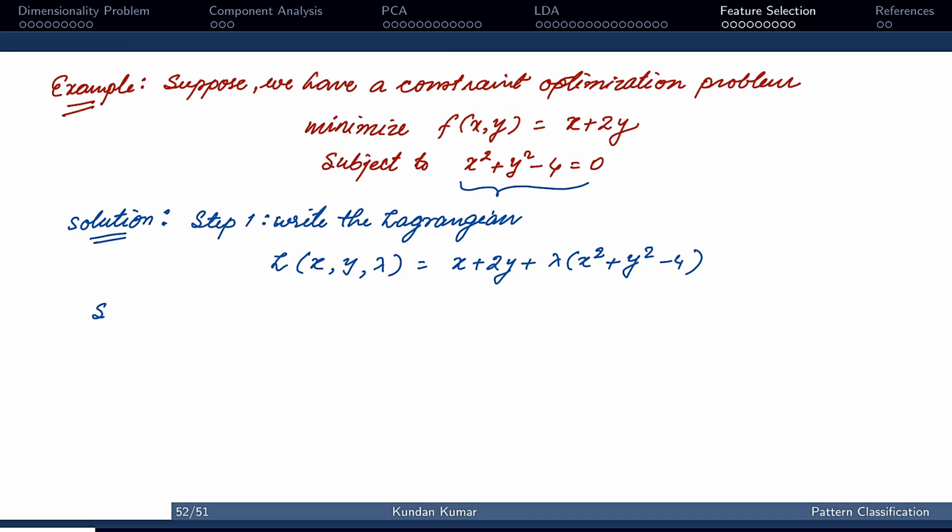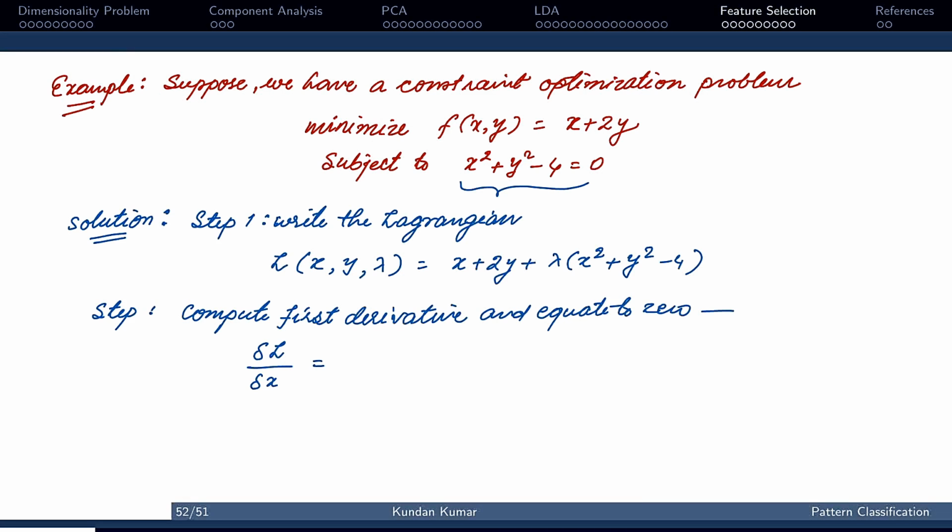In step 2, we will take the first derivative of the Lagrangian with respect to x, y and lambda, and we will equate them to 0. When you take the first derivative of the Lagrangian with respect to x, you will get 1 plus 2 lambda x equal to 0.